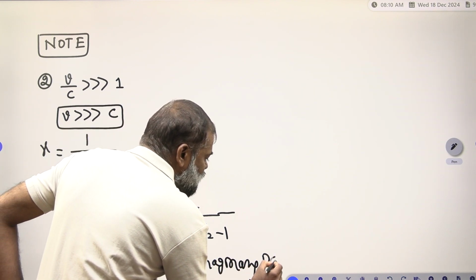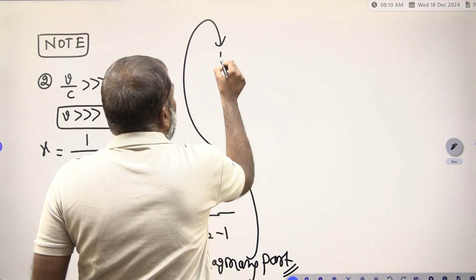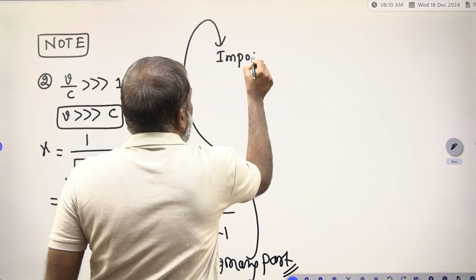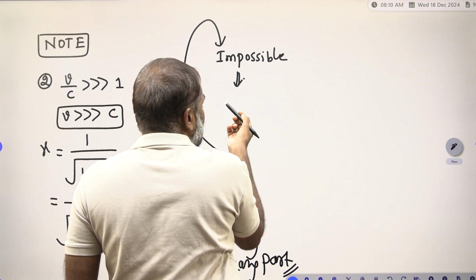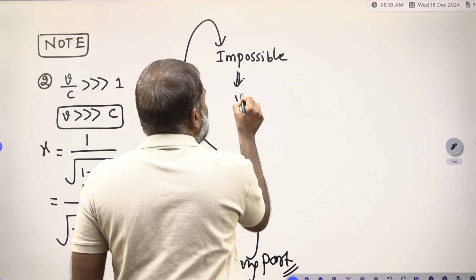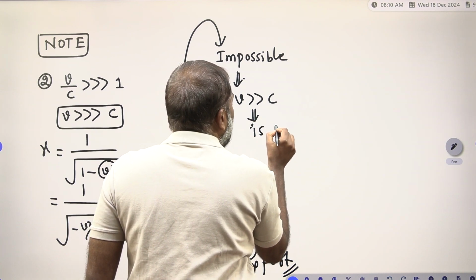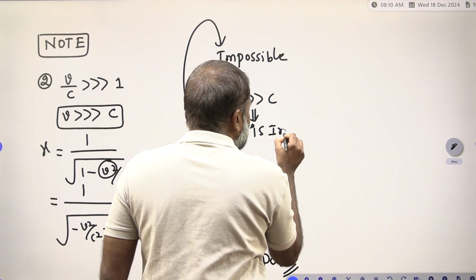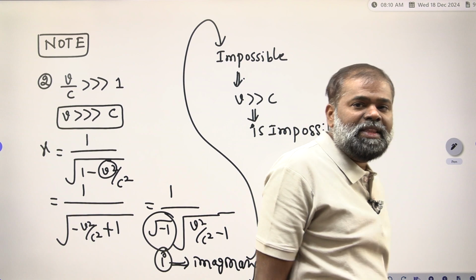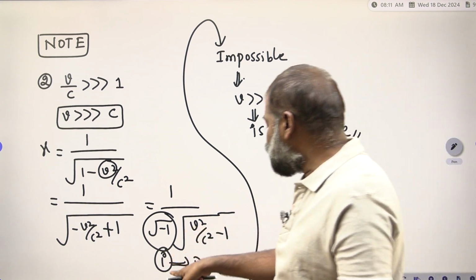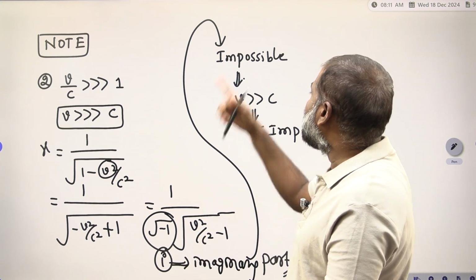But due to this imaginary part, it is practically impossible. So therefore we write that a velocity greater than c is impossible, clear, right? If velocity is greater than c, gamma becomes imaginary, and this factor cannot be imaginary practically.